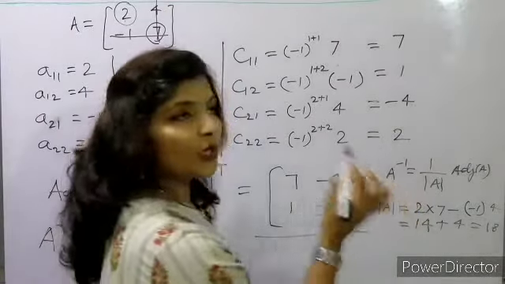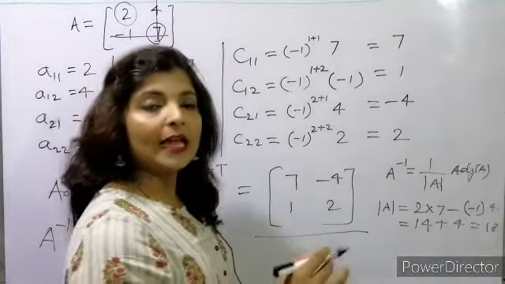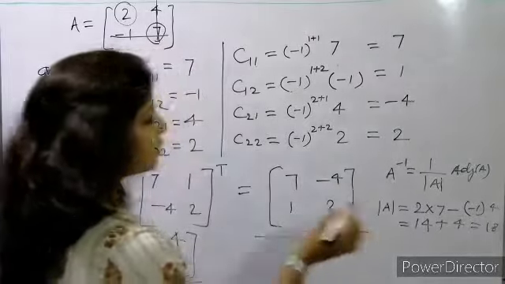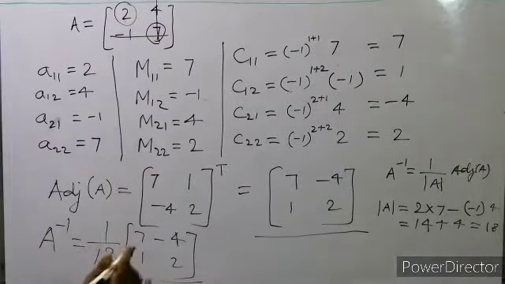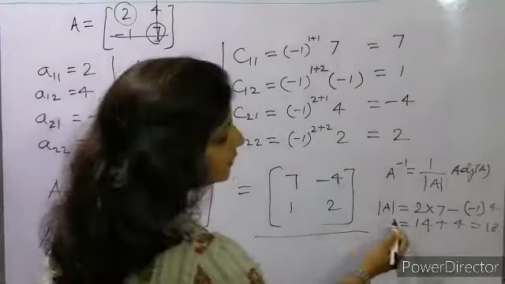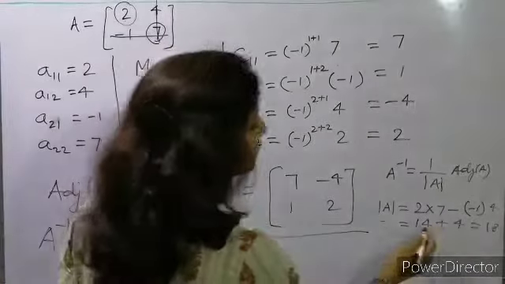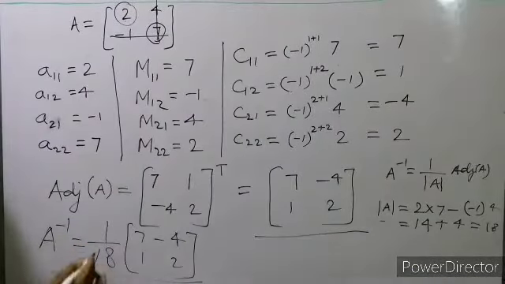A inverse is equal to 1 upon the determinant of A into adjoint of A. So we found the adjoint, and the determinant of A we got as 18, so 1 upon 18 into this matrix will be the inverse of A.